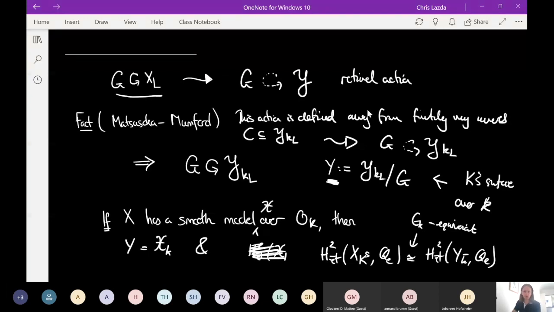So in general, I can produce something that looks like it should be the special fiber of a smooth model, except I don't necessarily know whether that smooth model exists over O_K itself. I might have to pass to this finite extension to actually get it. But if I do have a smooth model over O_K, then the cohomology of X and the cohomology of this Y here are going to be isomorphic as Galois representations.